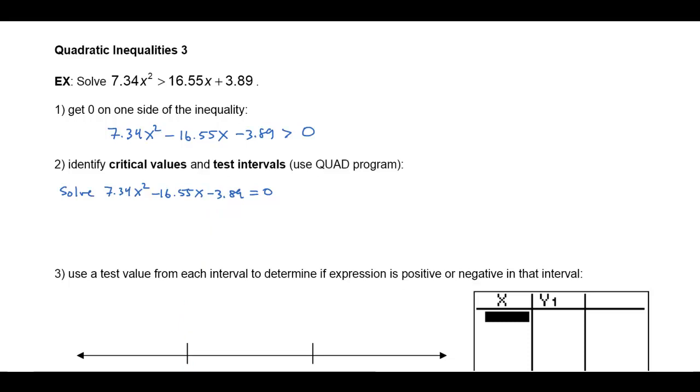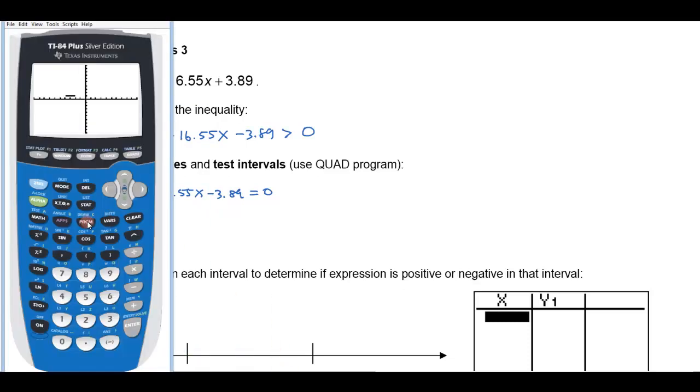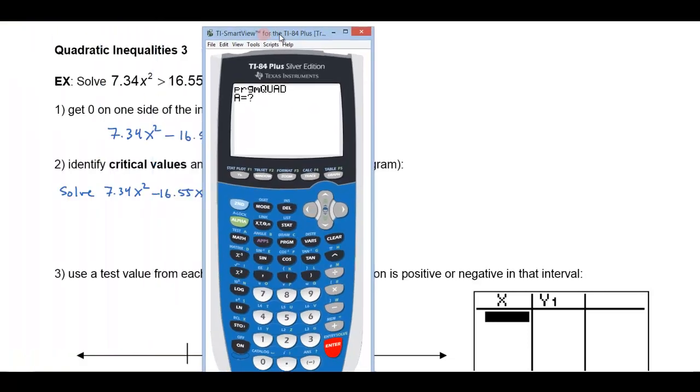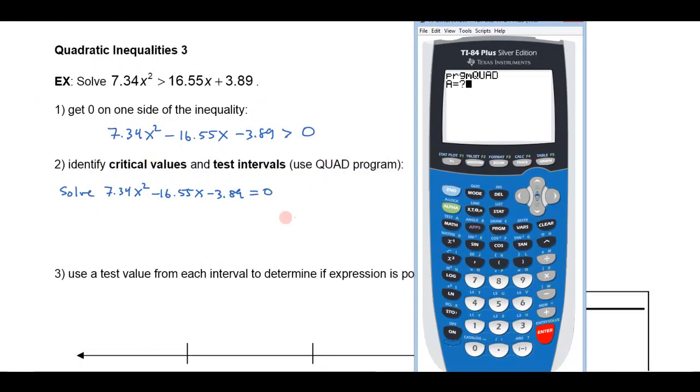I can do that fairly easily on my graphing calculator. I have a program here that will quickly tell me the decimal values, and since this is in decimals that'll work just fine. So my A value is 7.34, my B value is negative 16.55, and my C value is negative 3.89.